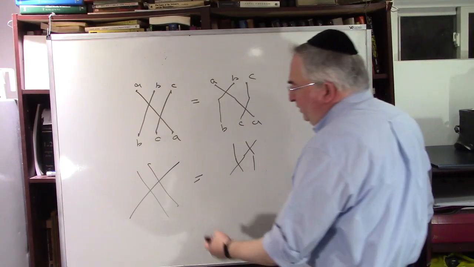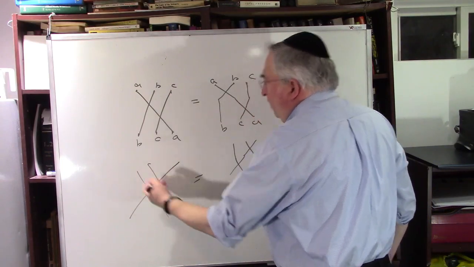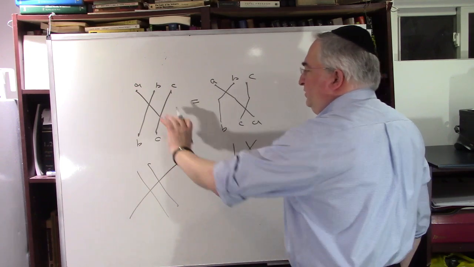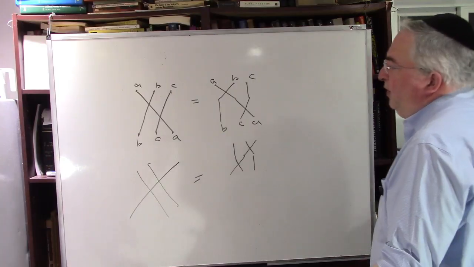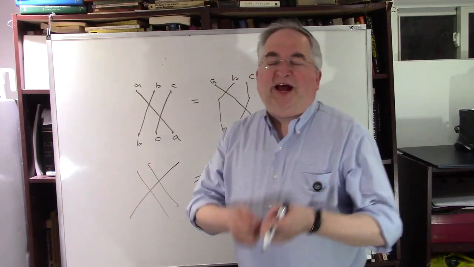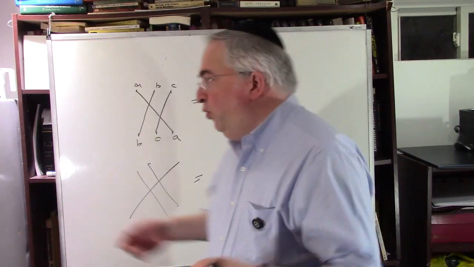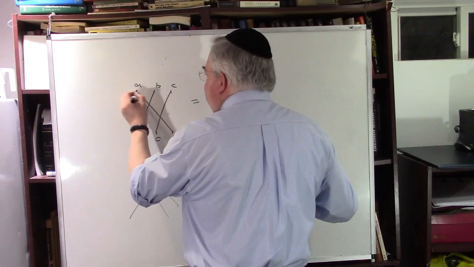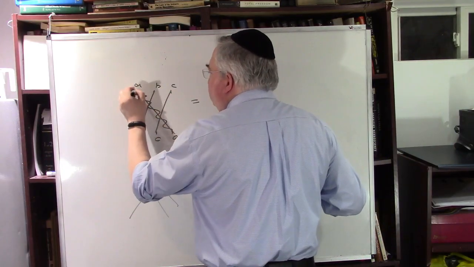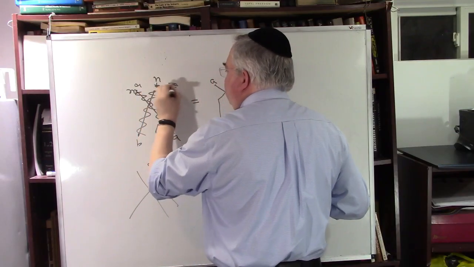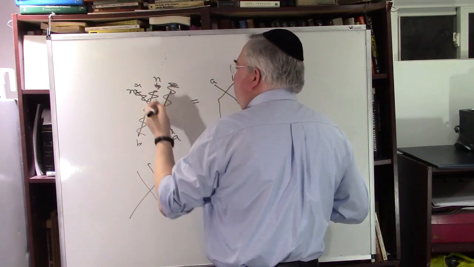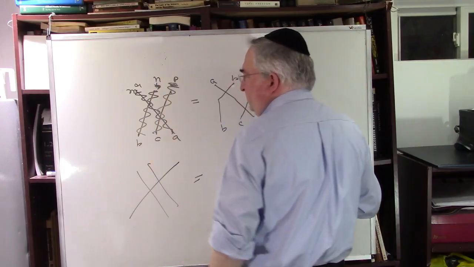Okay, main point. This double cross can be done by a composition of two single crosses. Now, this is for 3 strands, but it's not necessary for 3 strands. This thing could correspond to M strands, this to N strands, and this to P strands.